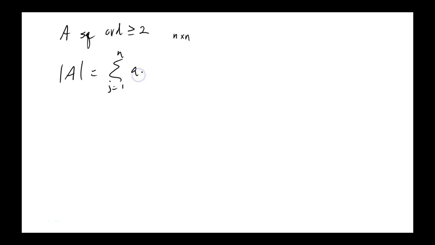And you can do A1J, C1J, okay, which would be A11, C11 plus A12, C12 plus, dot, dot, dot until you get A1N, C1N. Okay. That's the determinant of A.